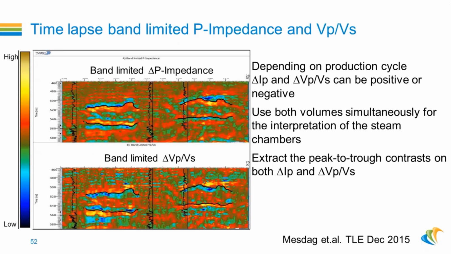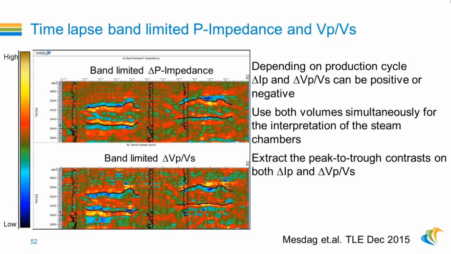This is a recent example. It was published in The Leading Edge in 2015, and what you're seeing here is the band-limited change in P-impedance and the band-limited change in Vp/Vs, so it's the results out of inverting the difference seismic.